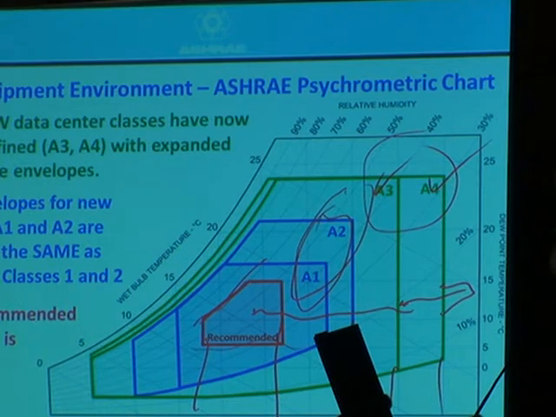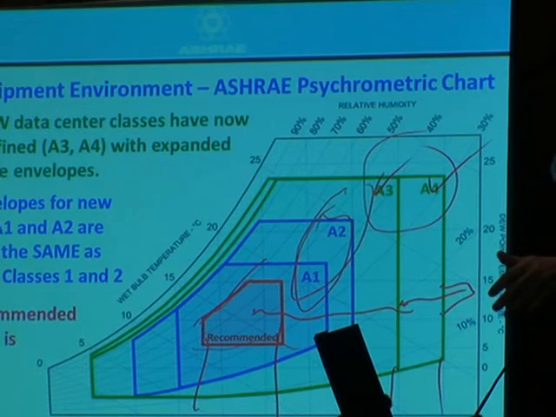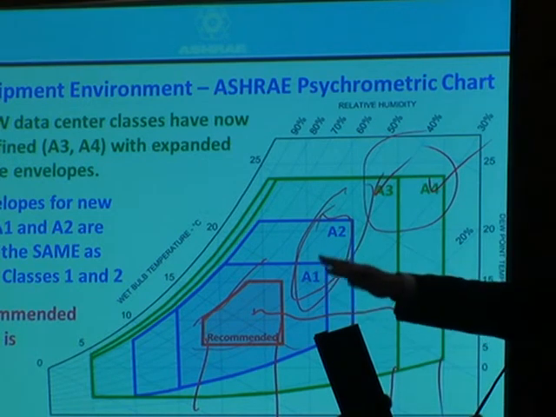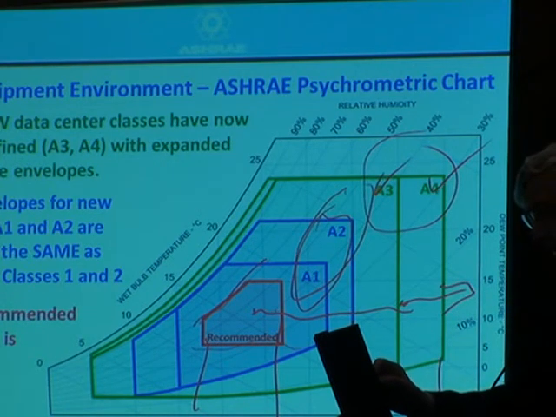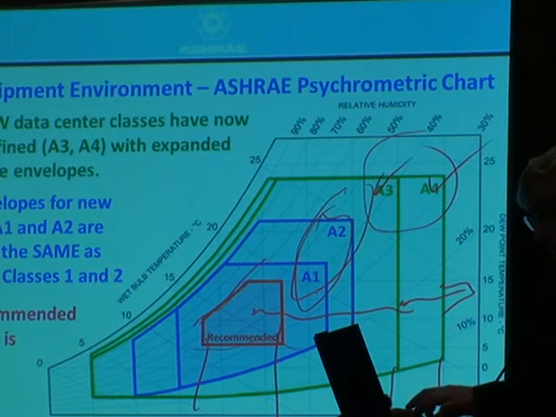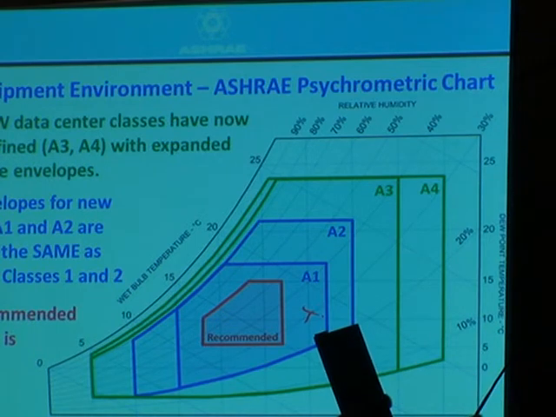So what does it mean if your air conditioning unit fails near a bunch of racks? If you had an air conditioning unit here, and these were racks, if this air conditioning unit fails, what's going to happen to the temperature in that area? It's probably going to fall outside this recommended chart. Let me erase some here. So it may fall out here. That's probably okay for short periods of time.